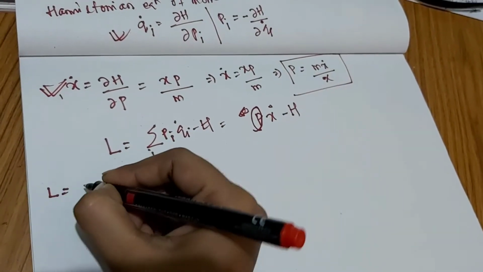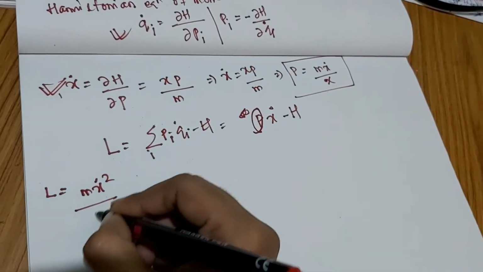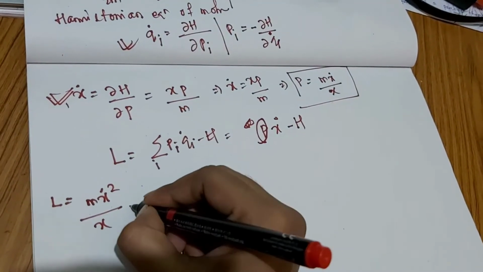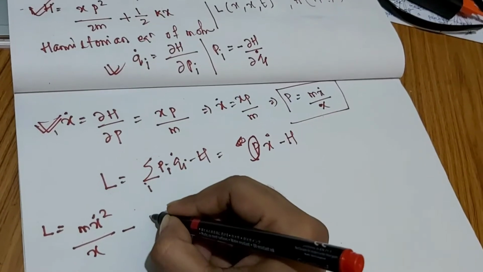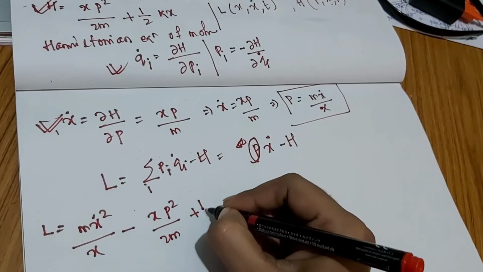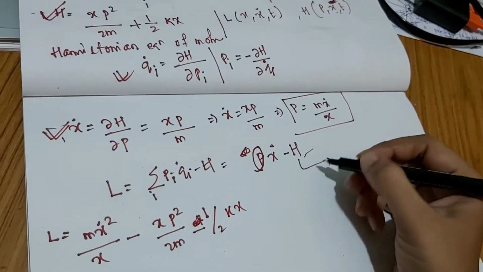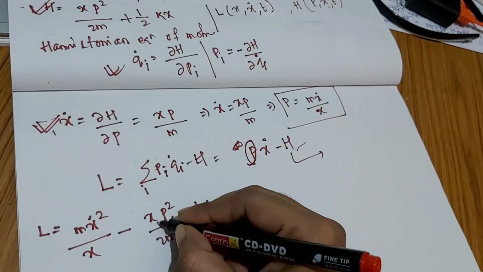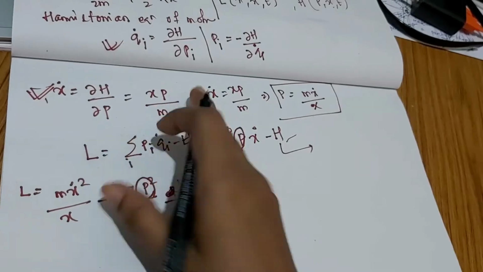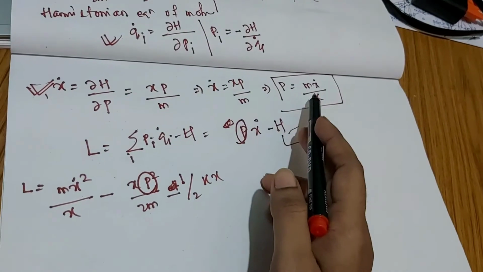L is equal to p x dot, which is m x dot squared by x, minus H, where H is x p squared by 2m plus half k x. We also have to convert all the terms involving p in terms of x dot, so in place of p we substitute m x dot by x.